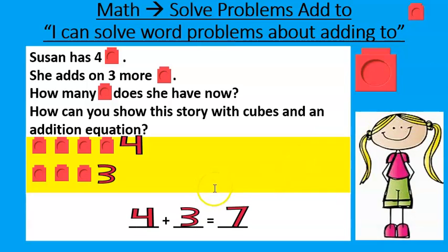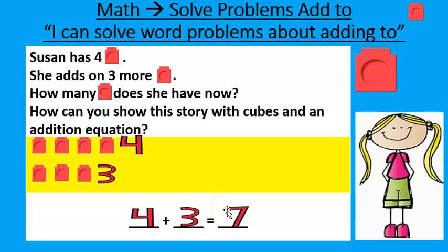Now look, our addition equation is complete. Let's read it together. 4 plus 3 equals 7. Let's read it again. 4 plus 3 equals 7. And that's the answer there, okay?